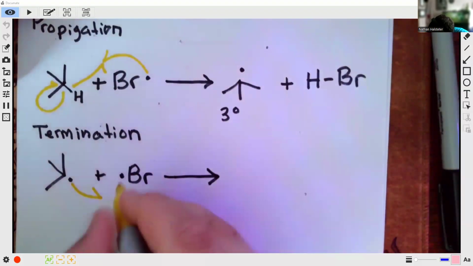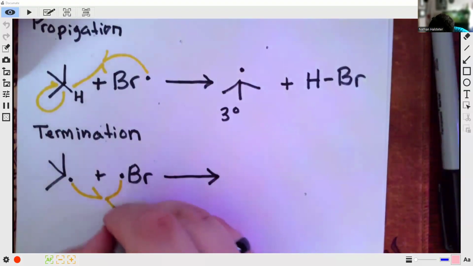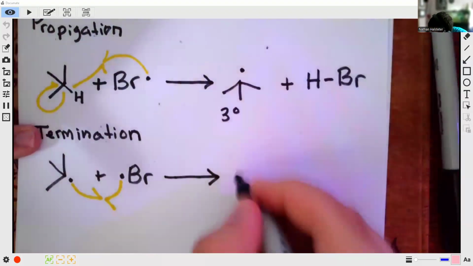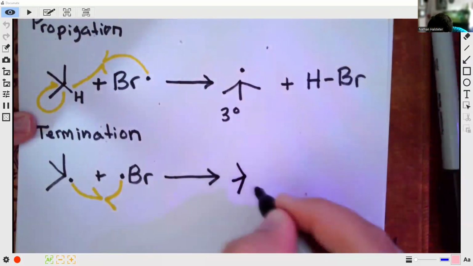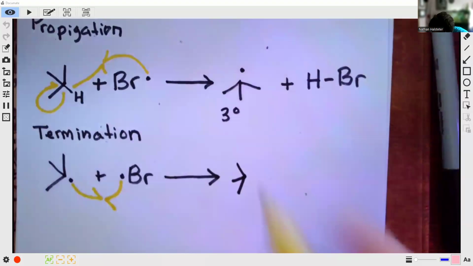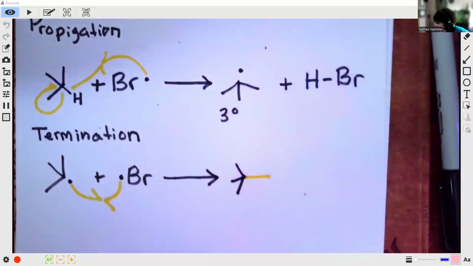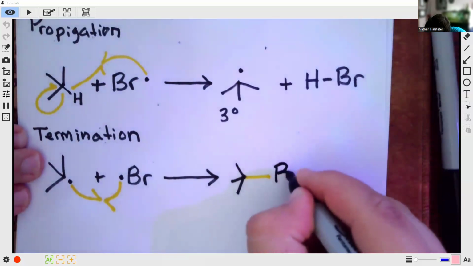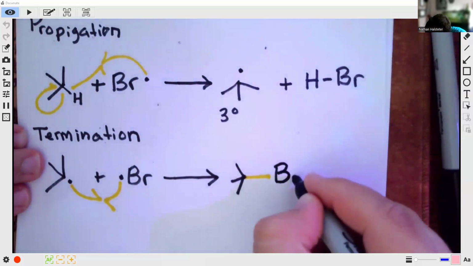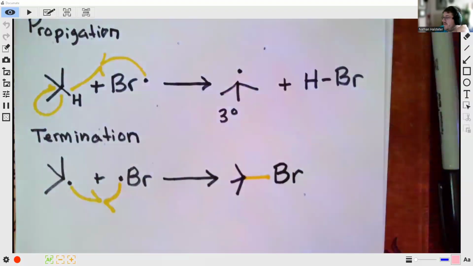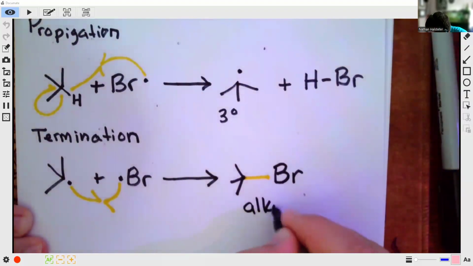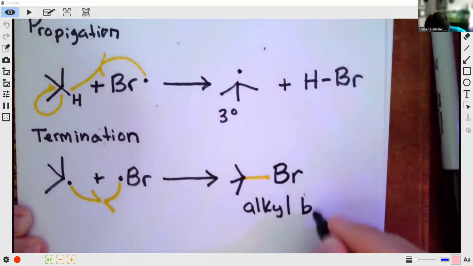So 1 electron from the carbon, 1 electron from the bromine, they come and meet to form a new bond. So our product would look like that. We have now created an alkyl bromide.